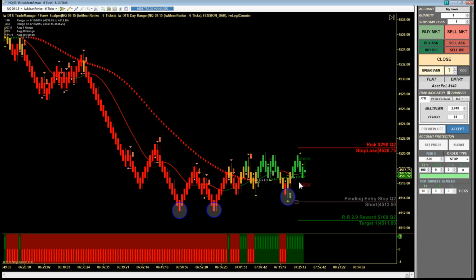So if the sellers can force the buyers below this low, we should see a little bit of a move to the downside. We're going to see some buyers start to evacuate their positions as they get trapped in their longs.